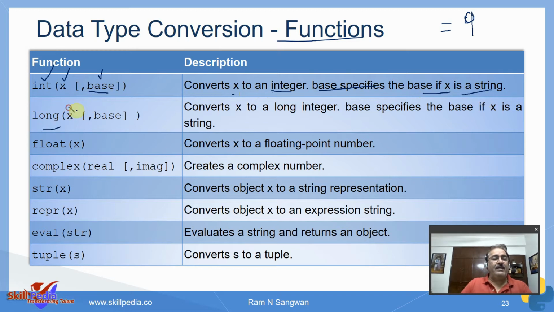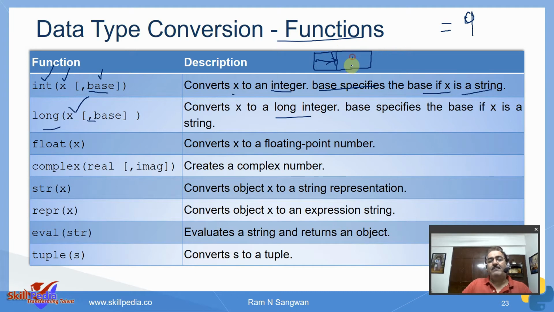Long(x) will convert x into a long integer. The difference between integer and long integer is actually the size. You have not asked this question, but that is the only difference. Just for the sake of example, I am taking 2 bytes for integer.